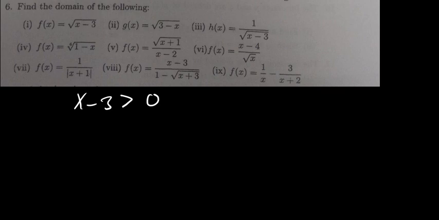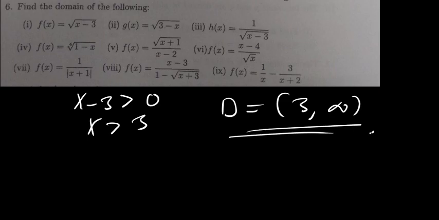So for this one, I'll say x is greater than what? 3. Then any number can fit here, so it will be from 3 not included, because it's greater than 3, all the way to positive infinity. That's the domain. Any number that I can put there, as long as that number is greater than 0, then I'm okay with it.